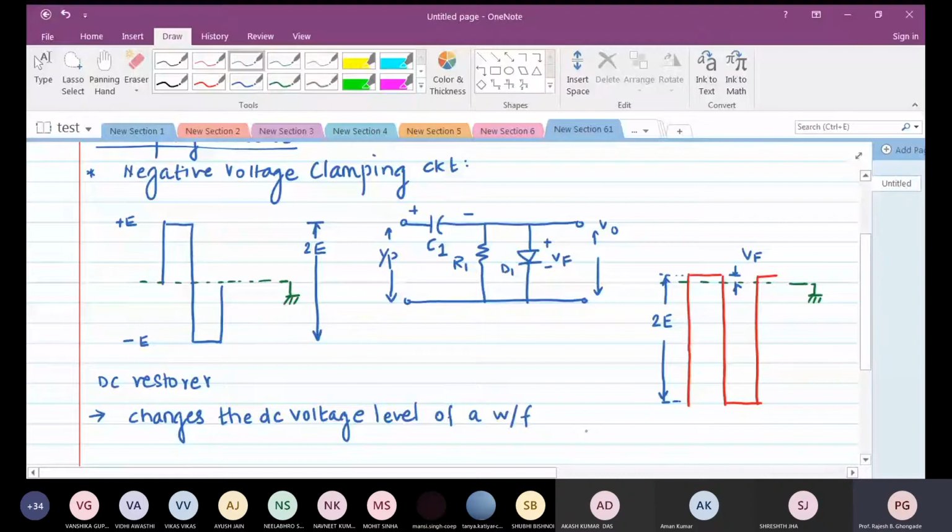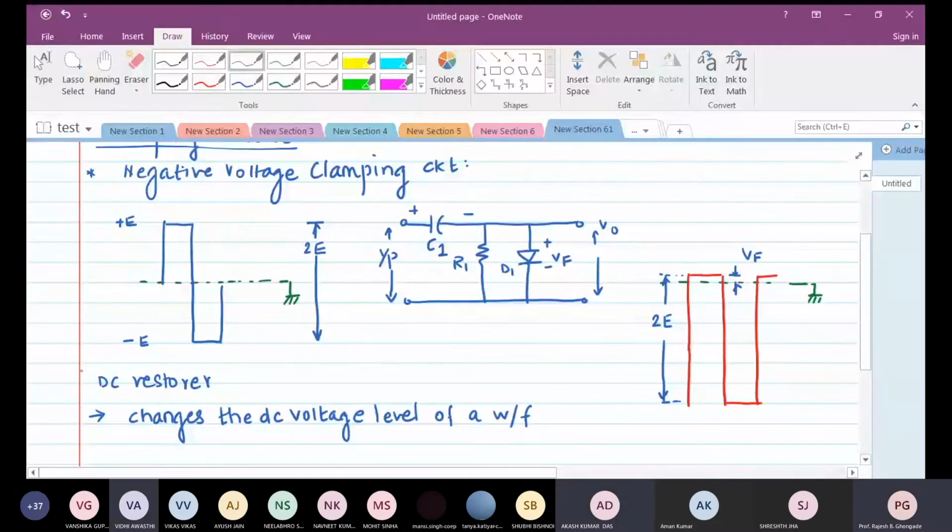So this is what it does. This circuit changes the DC voltage level. Guys, are you with me?